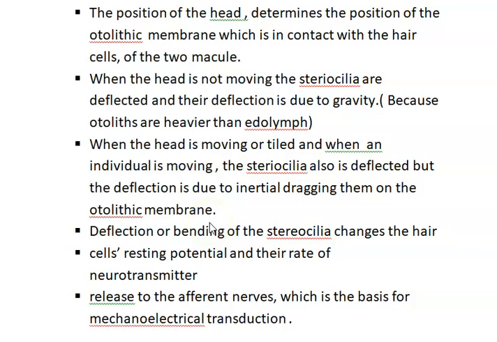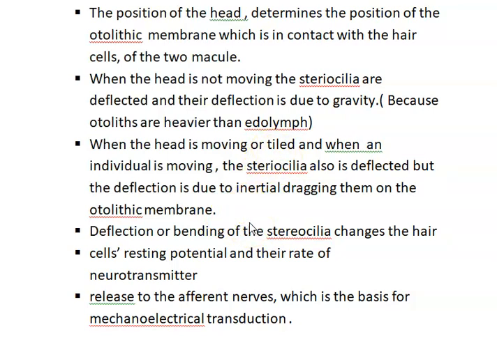Okay, what we are stating now is that the stereocilia are embedded in the what? In the otolithic membrane. Alright? Now, deflection, we are referring to them bending away from that otolithic membrane. So that bending would be caused by the movement of the endolymph.